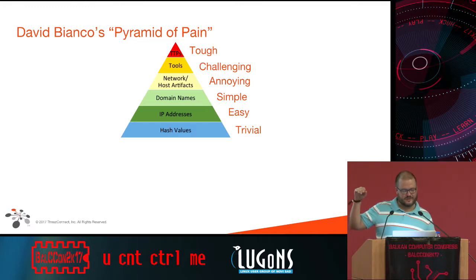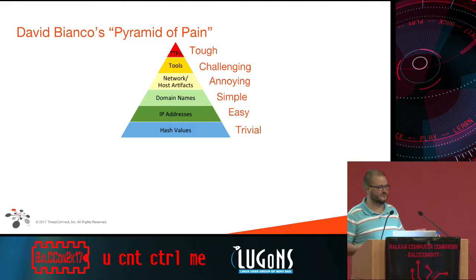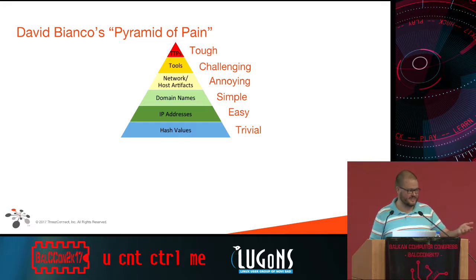And the ones down at the bottom are the easiest for an analyst to discover. So this is like taking a malware sample and getting the file hash, or perhaps looking for the import hash or the SSDeep hash, looking at the specific hash values of a sample.